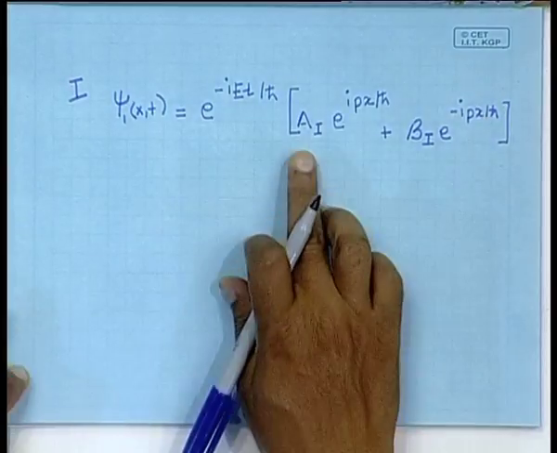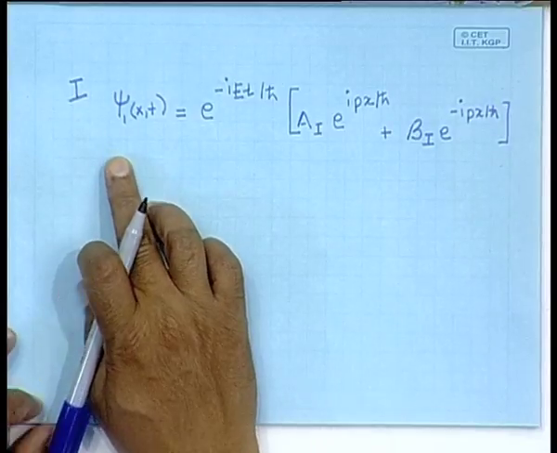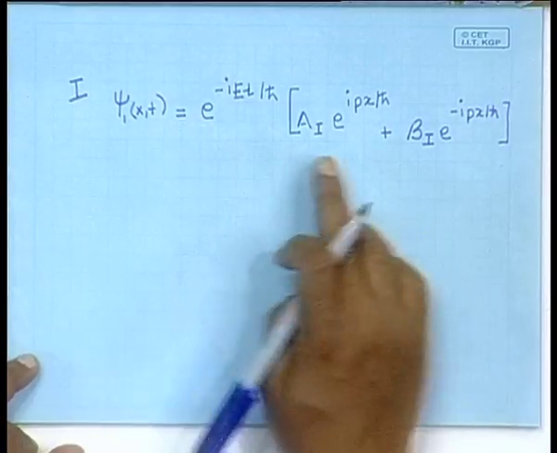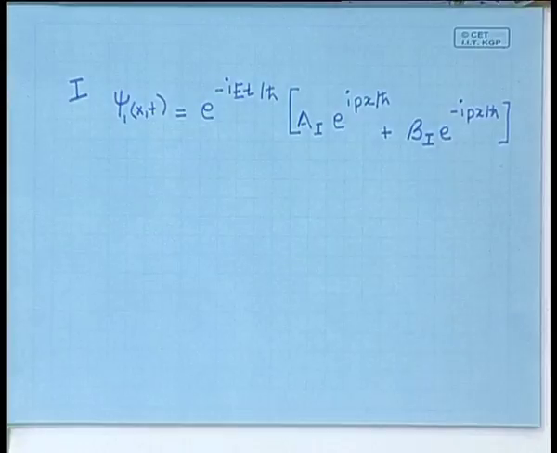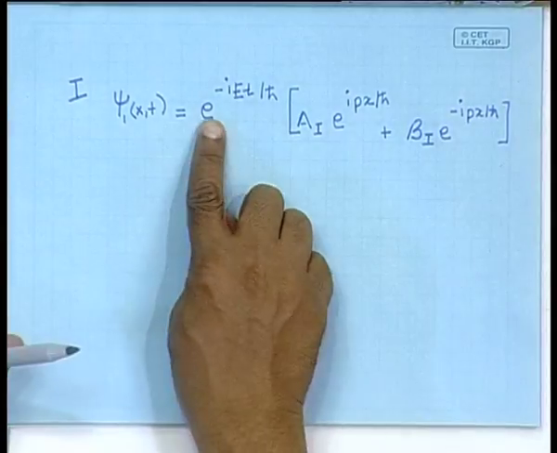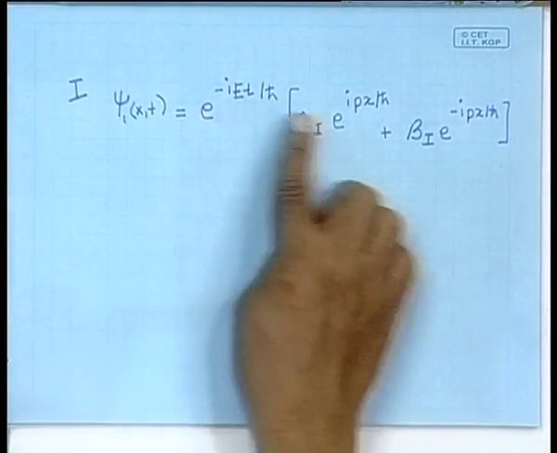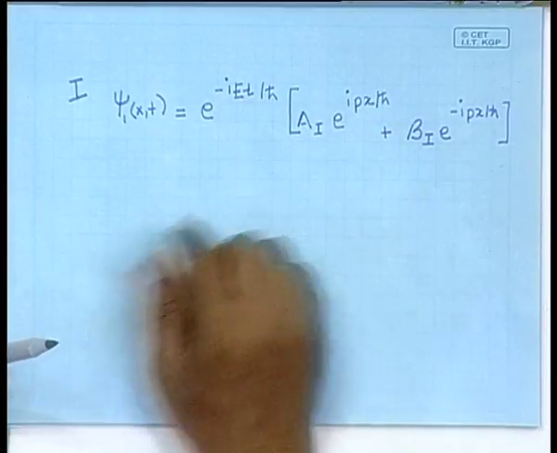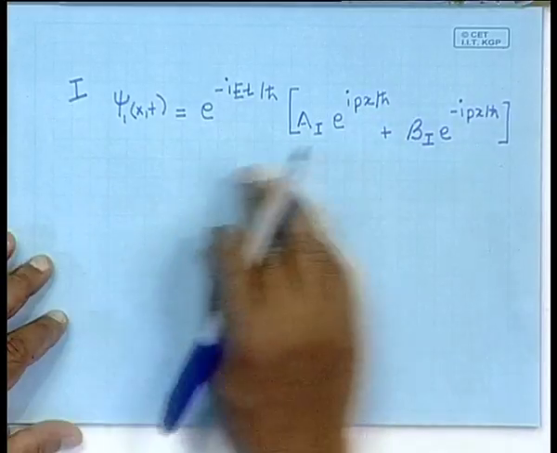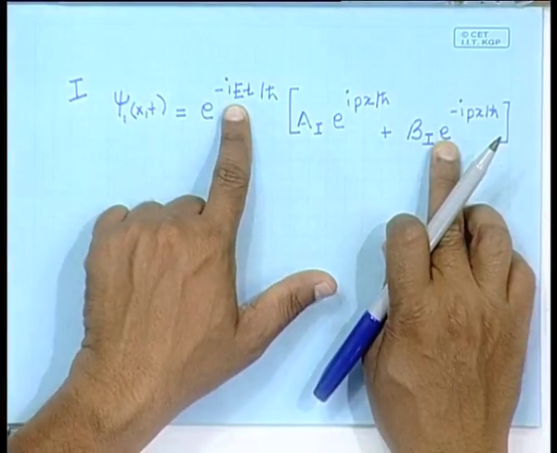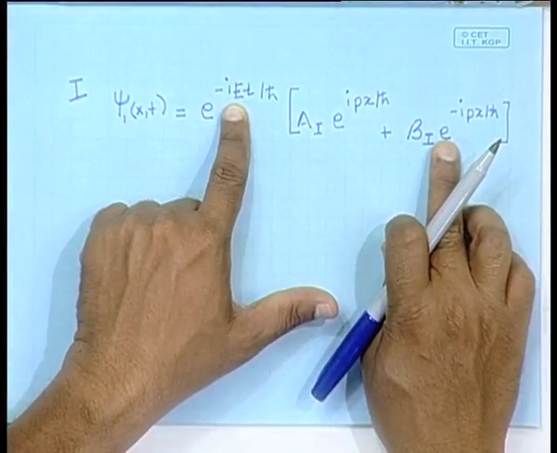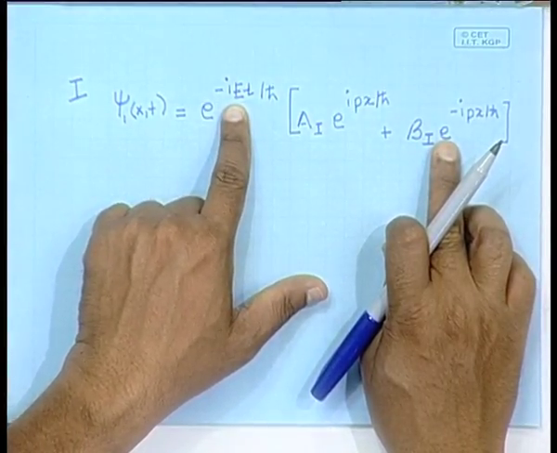So, the spatial part of the free particle wave function could have two parts. The first part, when I combine with the time part, we can see that it is a right propagating wave. The second part, when I combine with this, we can see that it is a left propagating wave.